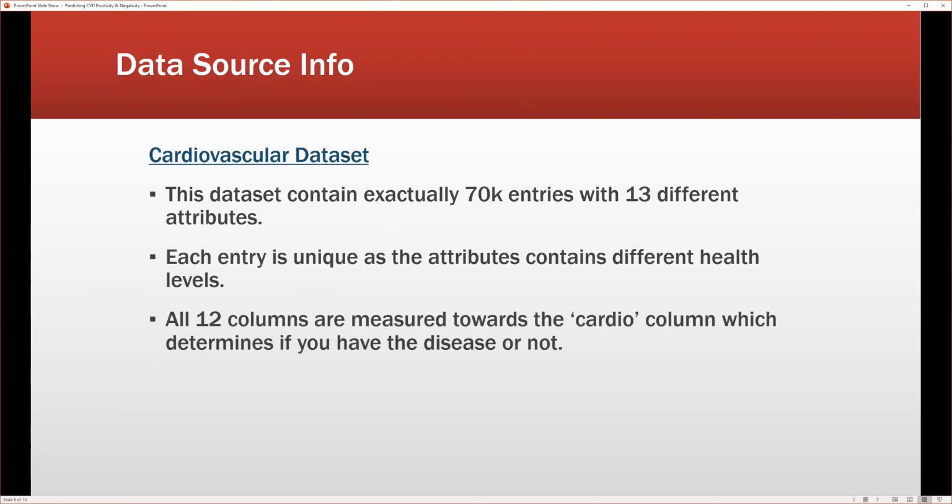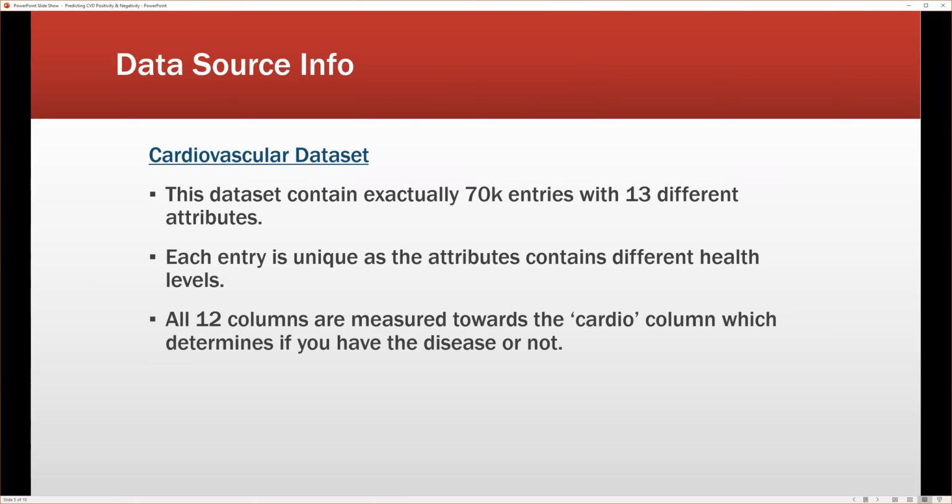All right. And just to speak about the data set a little bit further, I did provide a link for the cardiovascular data set that I'm using. You click on this link, it will take you to Kaggle. The data set currently has 70,000 entries with 13 different attributes.